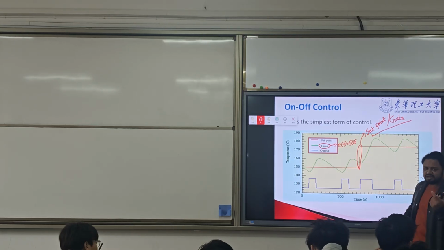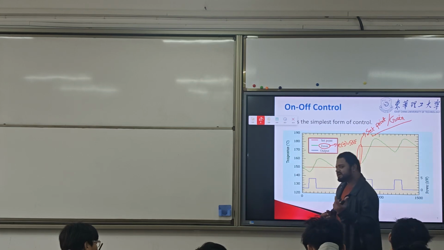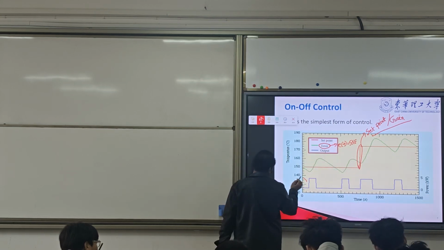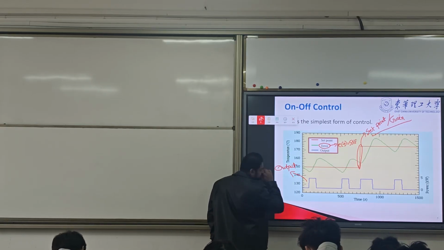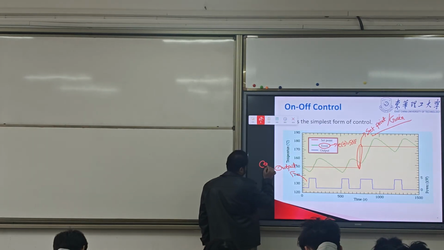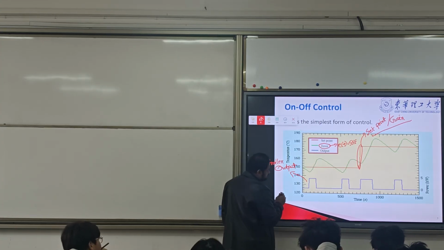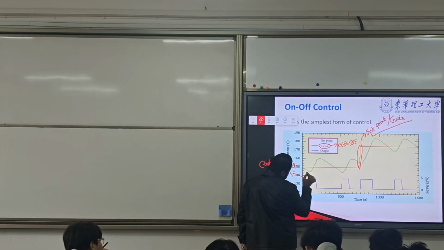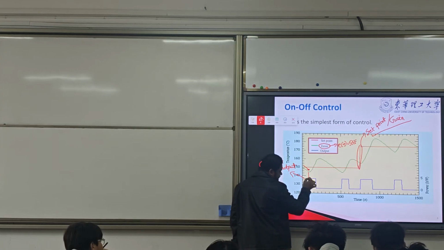Now, what the on-off control does is make a binary output. This is the output, the controller output. How? Look here. The gain is decreasing. Why is the gain decreasing?